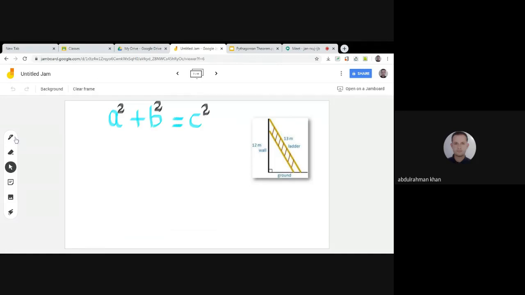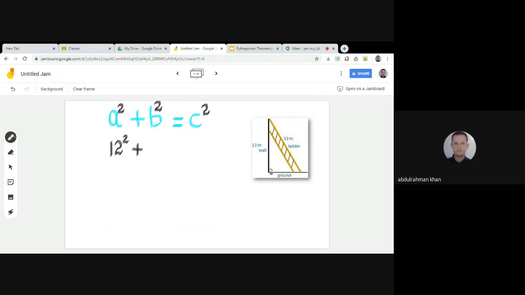Now, a is the wall height, which is 12 meters. So in place of a, we will write 12. In the rule there is a square, so we take the power 2, plus b square.